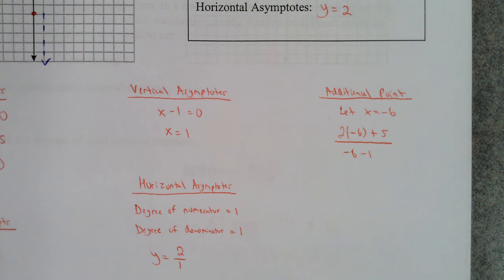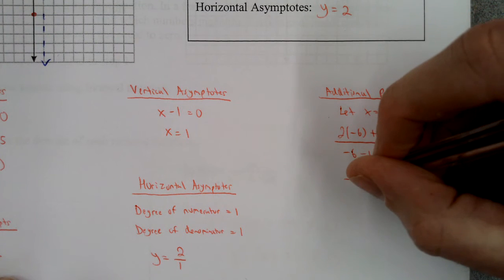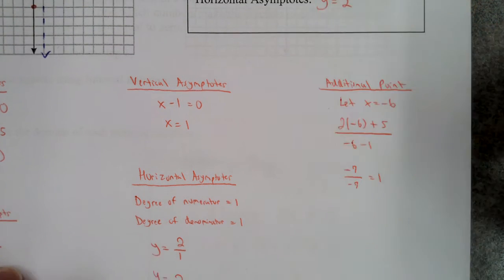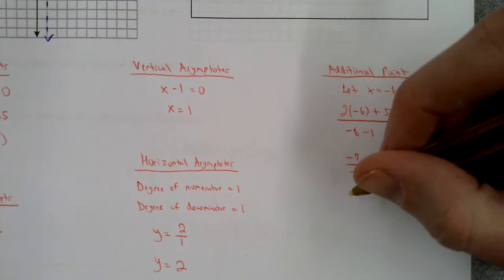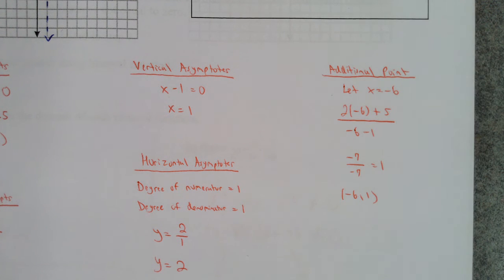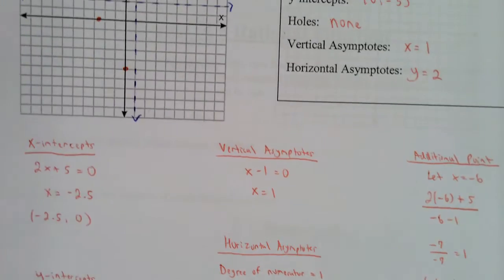That's negative 12 plus 5 equals negative 7, over negative 7, which equals 1. So we have the additional point negative 6 comma 1. Graph that.